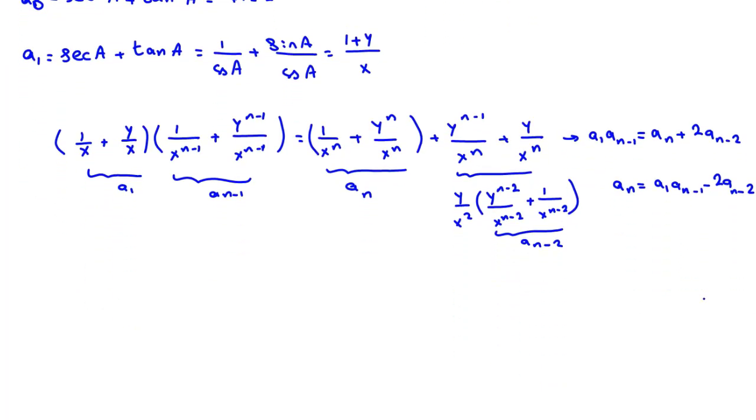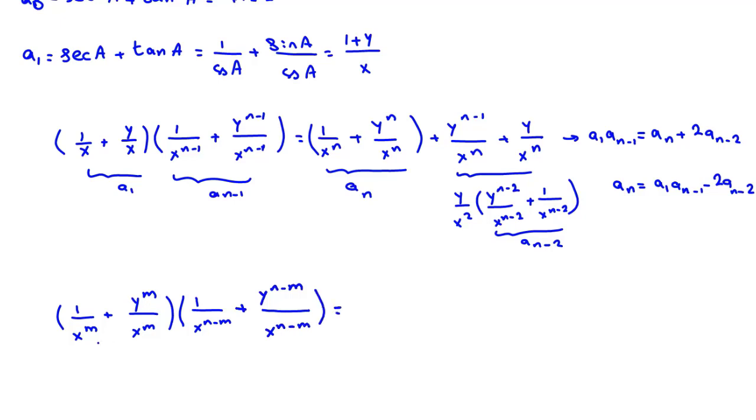Now let's do something. Here, it was degree n minus 1. If we use, for example, for any m, so we say y^m over x^m times 1 over x^(n-m) plus y^(n-m) over x^(n-m).